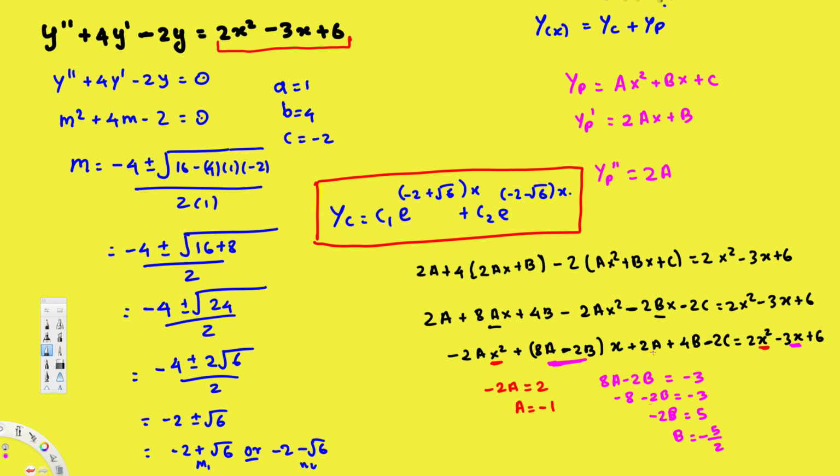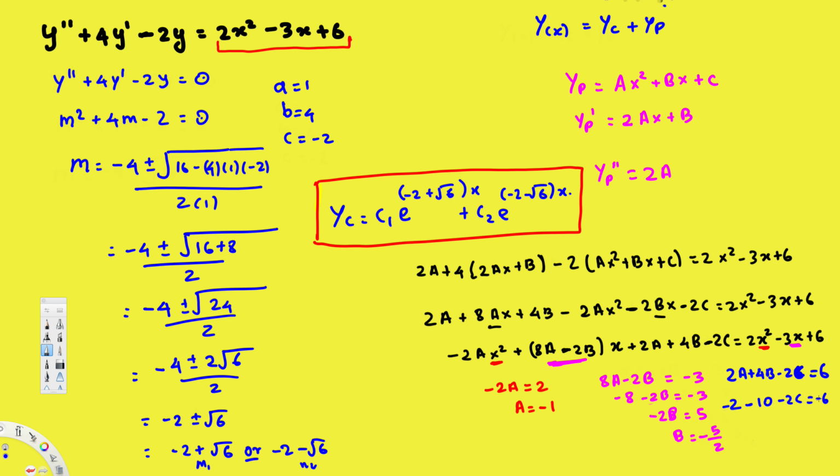Now let's compare the constants. Here we have three different constants: 2a plus 4b minus 2c, that's equal to 6, which we have on the other side of the equation. We know the a and b values: 2 times negative 1, negative 2, plus 4 times negative 5 over 2, that's 4 times negative 5, 20 divided by 2, negative 10, minus 2c is equal to 6. So negative 12 minus 2c is equal to 6.